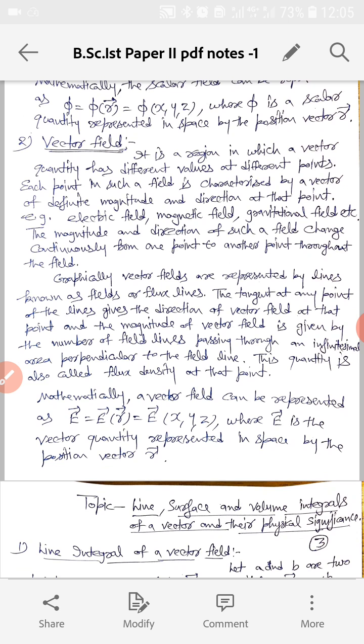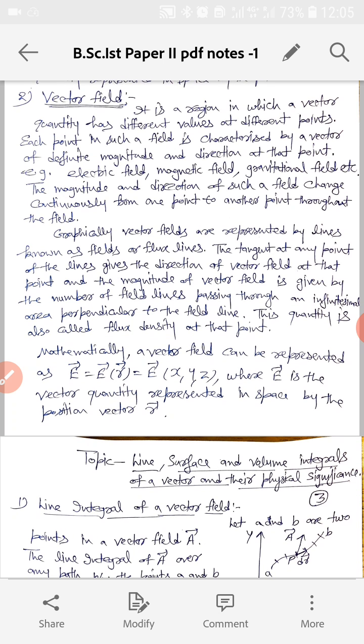And as we know, a vector quantity has magnitude and direction. So each point in such a field is characterized by a vector quantity having definite magnitude and direction at that point. Examples of vector fields are the electric field, magnetic field, and gravitational fields.